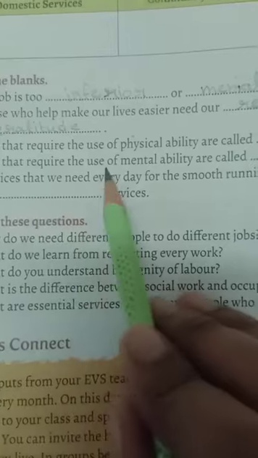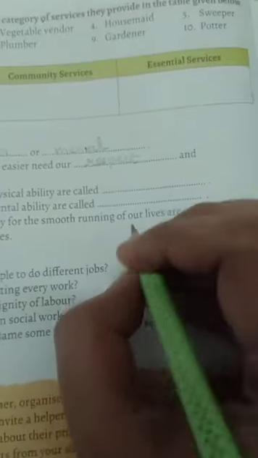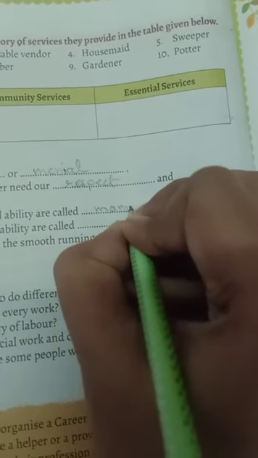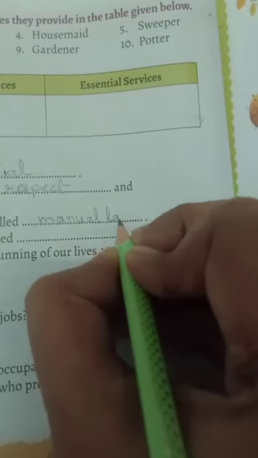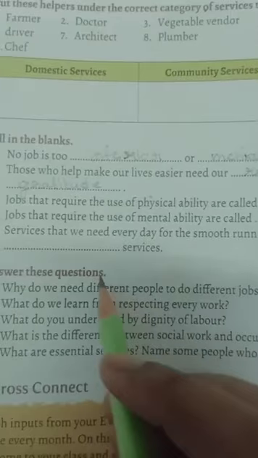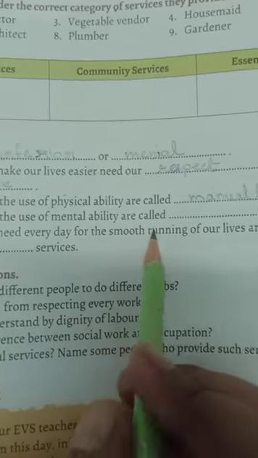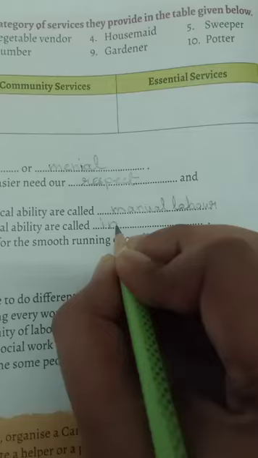And number 3, jobs that require the use of physical ability are called manual labor. Next, jobs that require the use of mental ability are called intellectual labor.